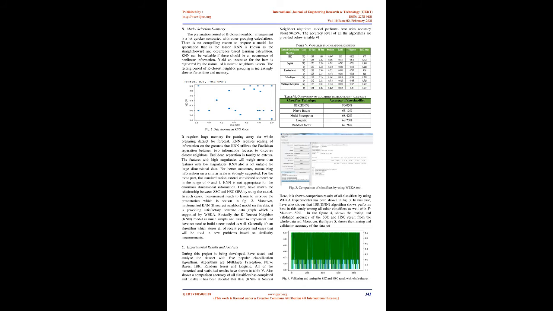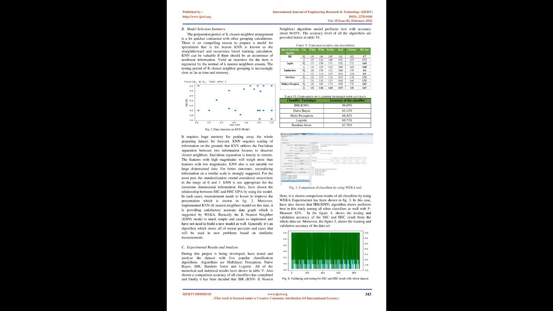While this project was being developed, we tested and analyzed the dataset with 5 popular classification algorithms. The algorithms are multi-layer perceptron, Naive Bayes, IPC, random forest, and logistic. All of the numerical and statistical results are shown in Table V. We also show a comparison of the accuracy of all classifiers, and finally it has been decided that IPC, KNN, K-nearest.